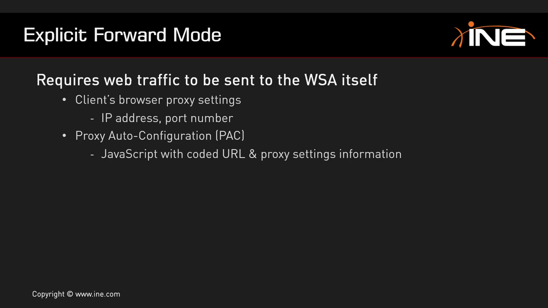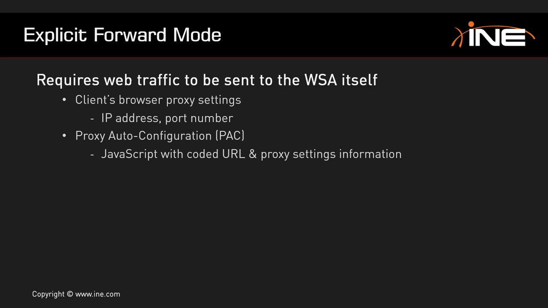The PAC file is just a JavaScript that consists of possibly multiple entries, where each of the entries tells what IP address range it applies to and what's the IP address of the proxy that should handle connections destined to those addresses. So this way you can be pretty selective with what websites should go to the proxy versus what shouldn't. In most cases, you will send all communication, maybe let's say non-internal communication, to the proxy.